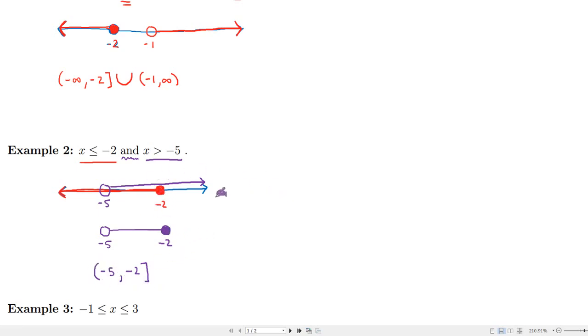Another way that you can represent this is the word and. This is intersection. So now we're getting into a little bit of the set theory here, but the notation for this sort of looks like an upside down union symbol. So when you see the word and, that's an intersection.